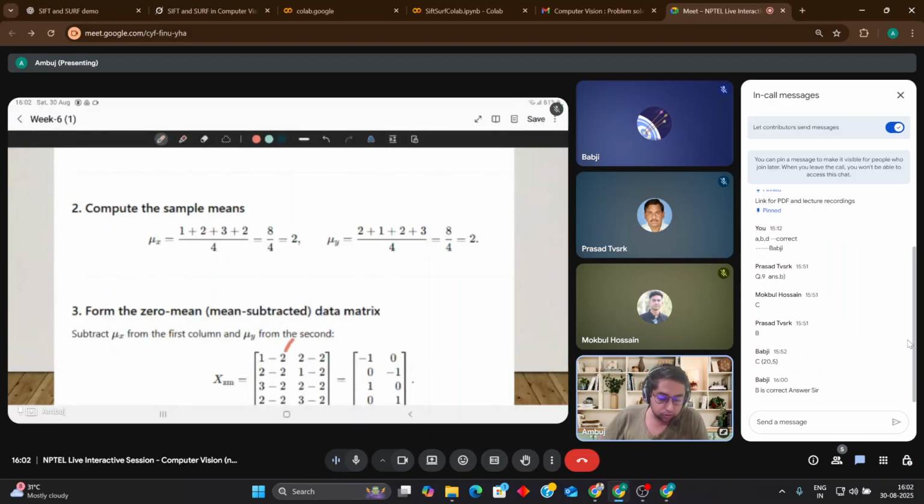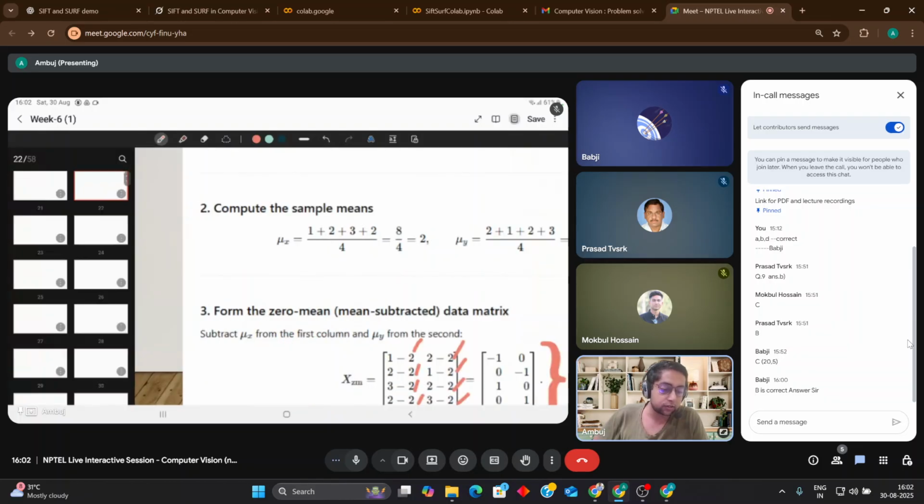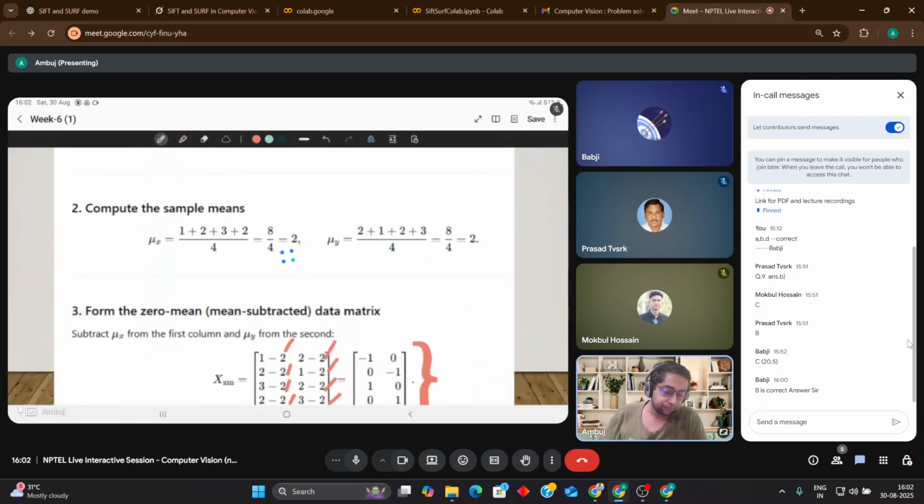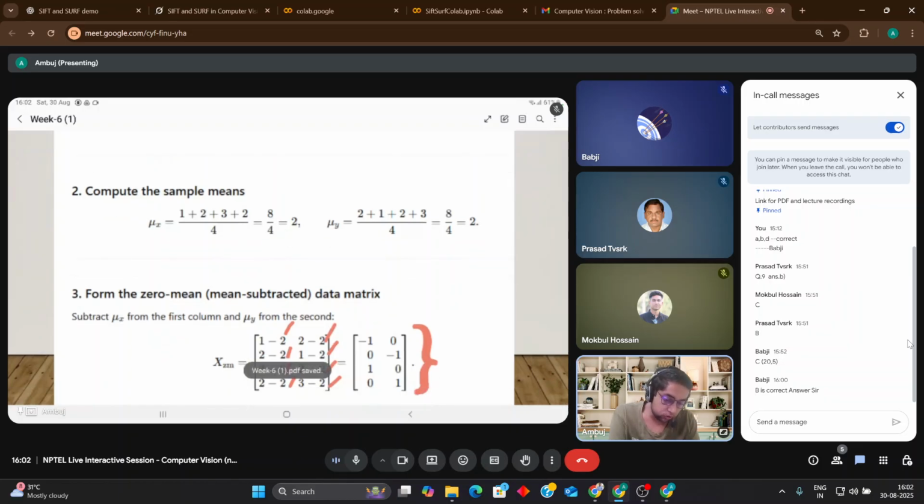Because the mean is 2, I will just deduct the number 2 from all the values. If I deduct it, then it would be this particular matrix: minus 1, 0, 1, 0, 0, minus 1, 0, 1.